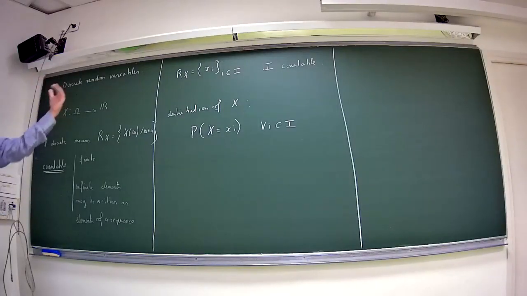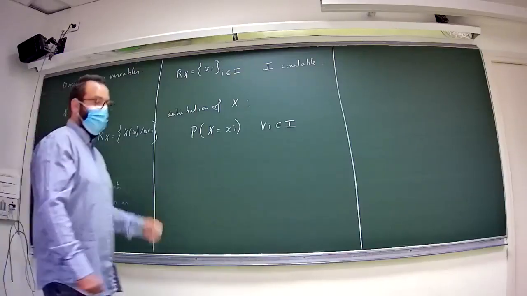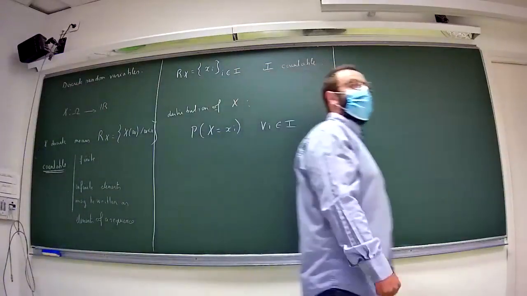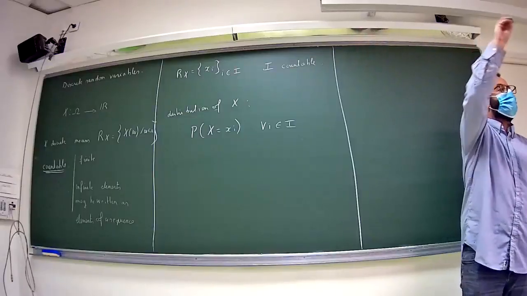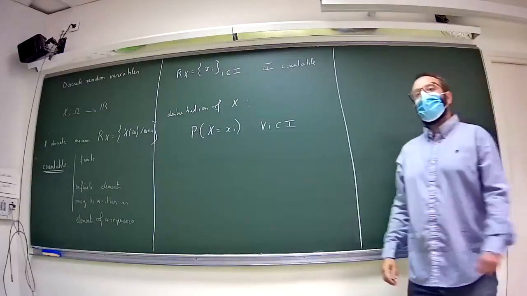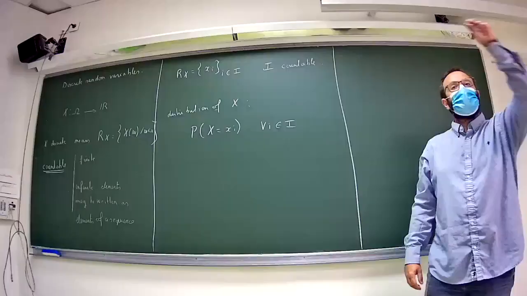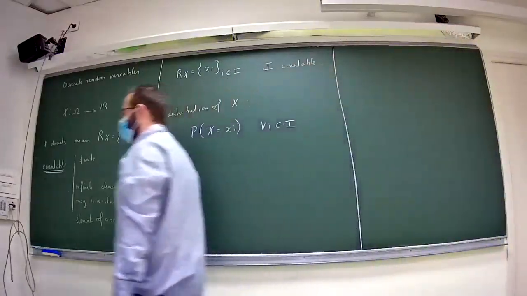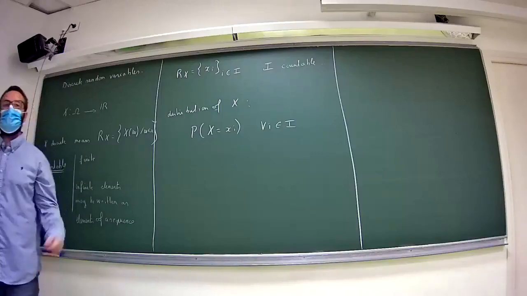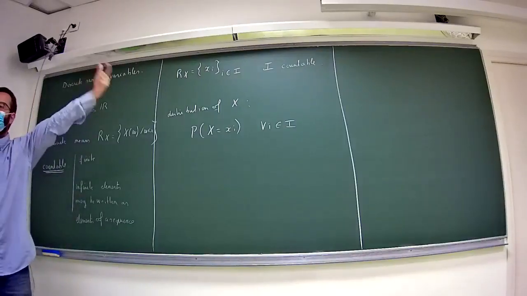We have seen together classical examples. Okay, so for example, if I have a random variable that is a Bernoulli, the set of the possible values has only two elements, 0 or 1. For binomial, it's 0, 1, 2, 3 until n, for a binomial of parameters n and p. For a Poisson, it's capital N, the set of the integers.